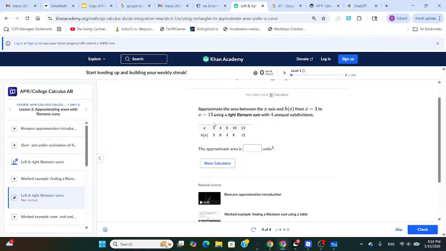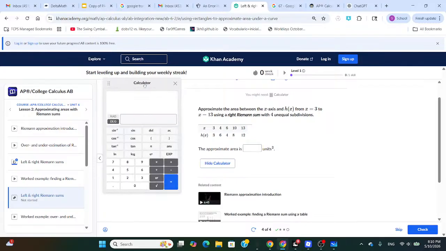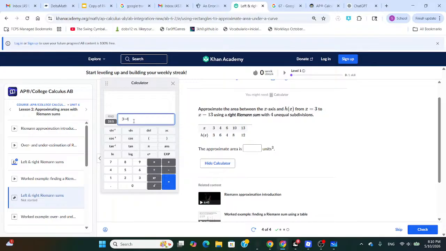Use a right Riemann sum. Three plus four. No, how did it go again? 3 minus 4? No, 4 minus 3 times 6 is 1.